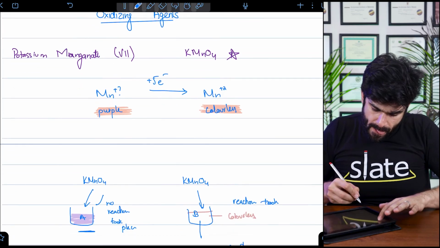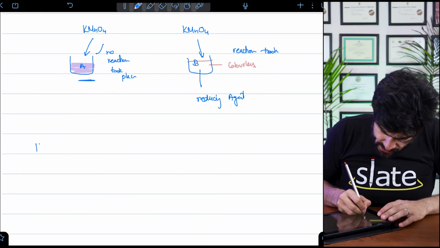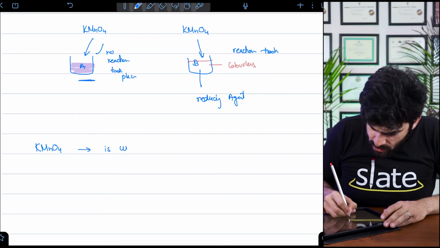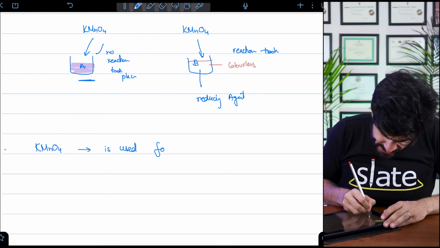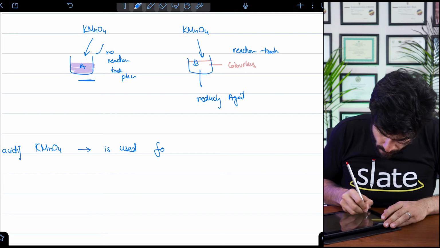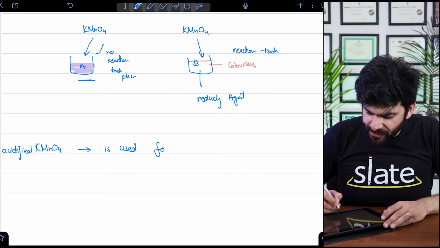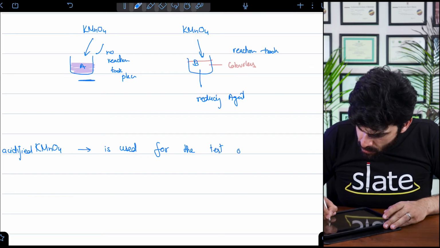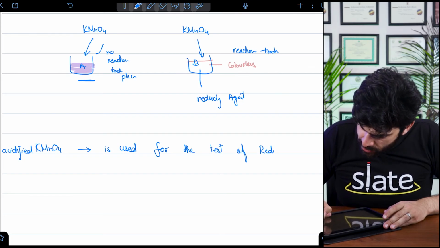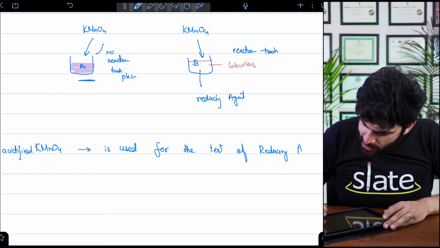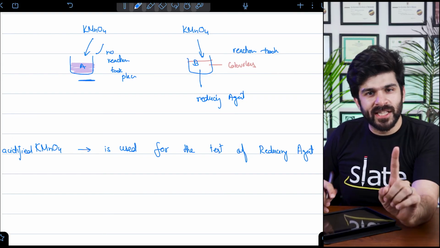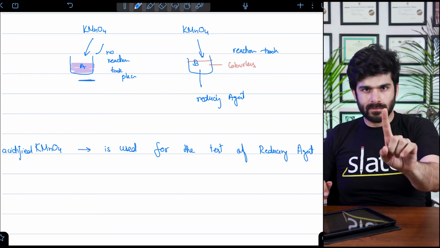So potassium manganate, KMnO4, is used, and that is acidified. Acidified KMnO4 is used for the test of reducing agent. Now that is confusing. An oxidizing agent is the one which is getting reduced.